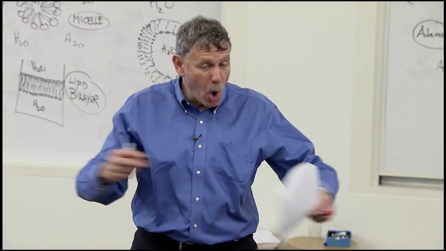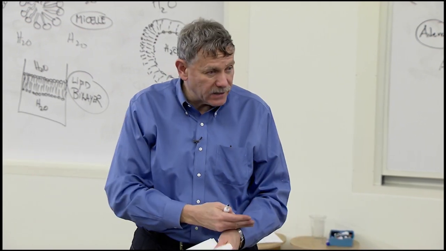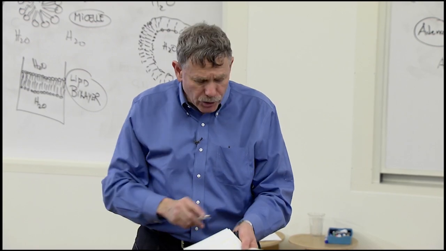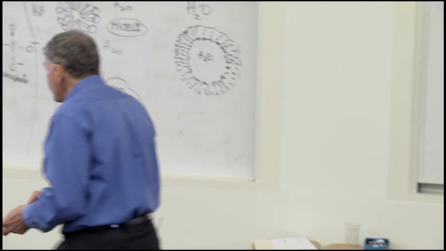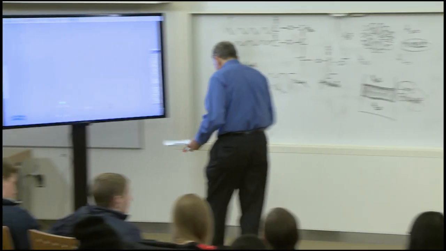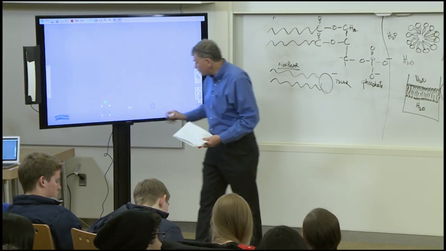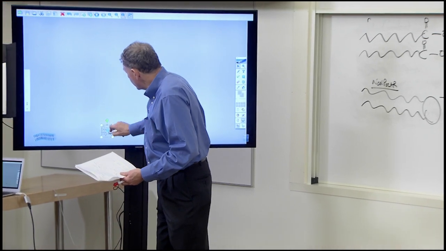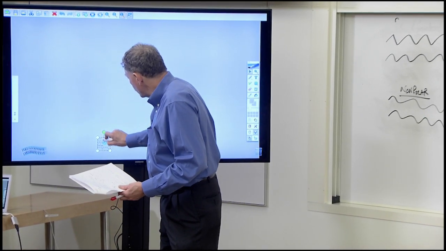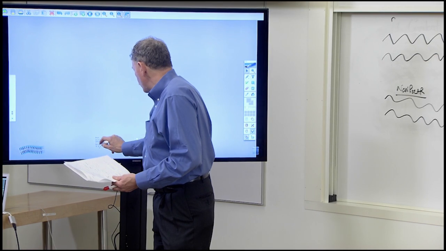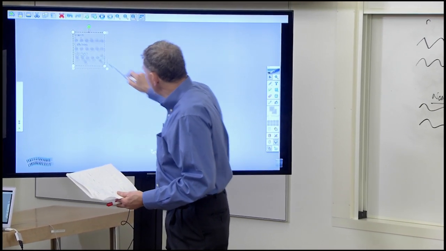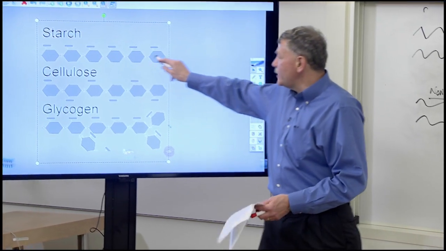You can make long linear chains that nuzzle up against each other. You can make chains that don't nuzzle up to each other. You can make branched structures. And let's just bring up some examples of this. We can put them together here.